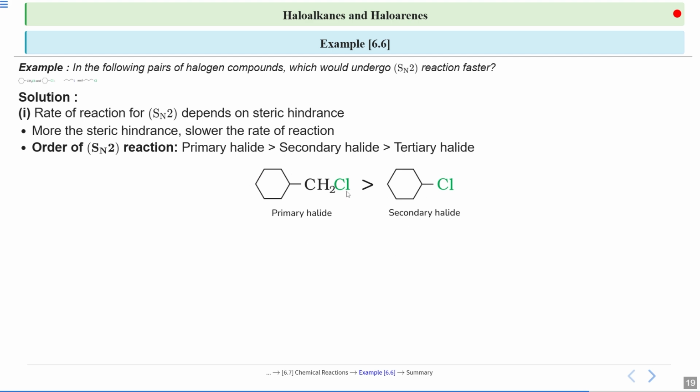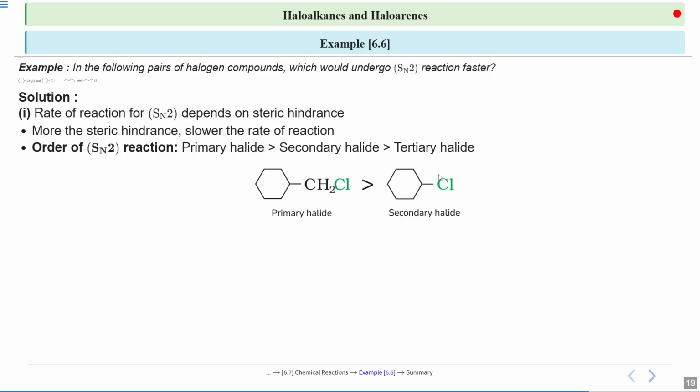So, of the two halogen compounds given, the first pair is these compounds, in which one is a primary halide, where the chlorine is attached to a carbon which is attached to only one other carbon. So this is a primary halide.